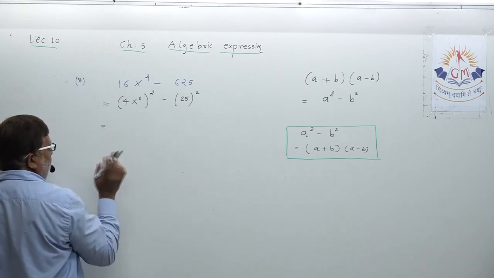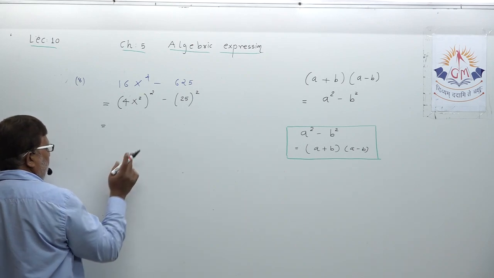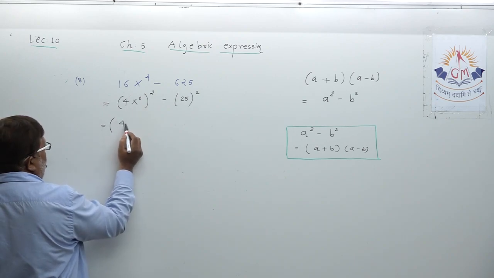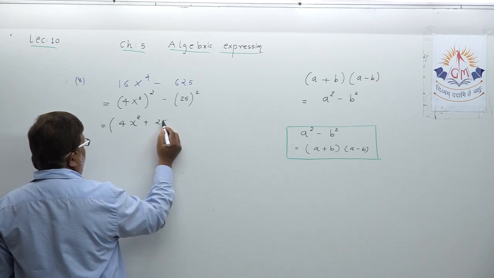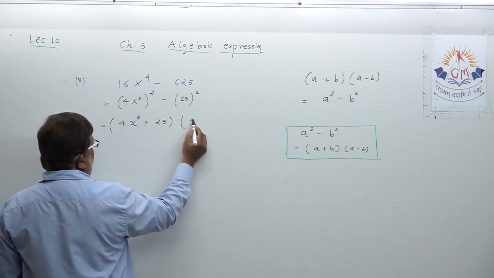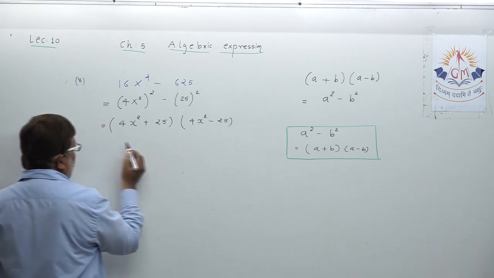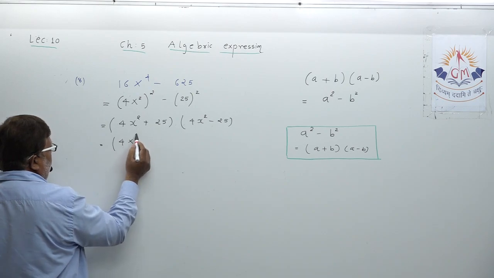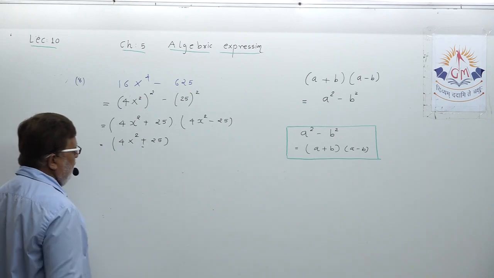Let us take one time plus, one time minus: a plus b, a minus b. For a we will write 4x square, for b 25. A minus b: 4x square minus 25. This is not factorizable because it satisfies two conditions but not the third, that is of sign.